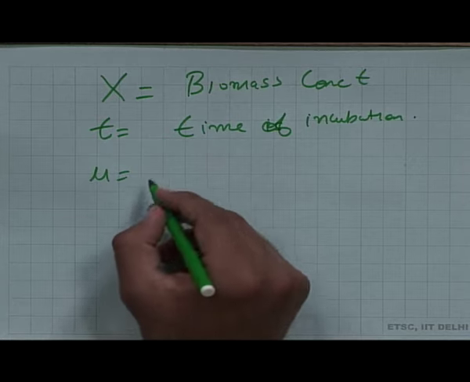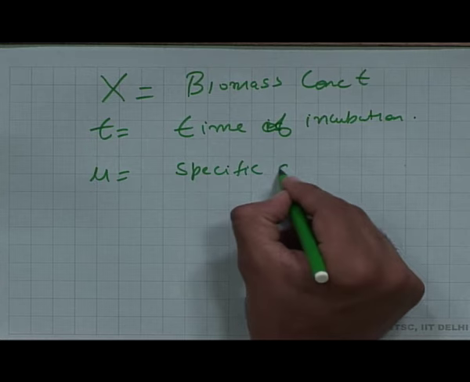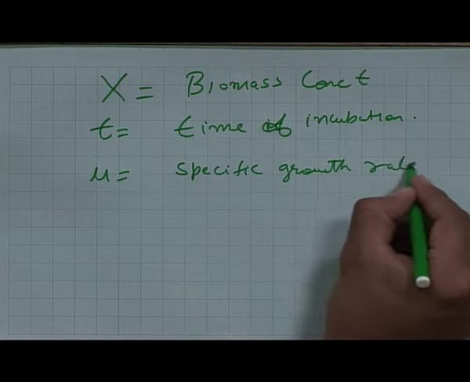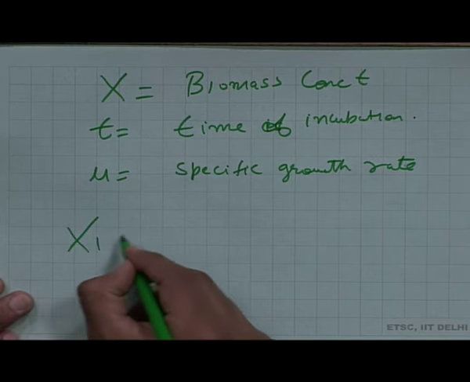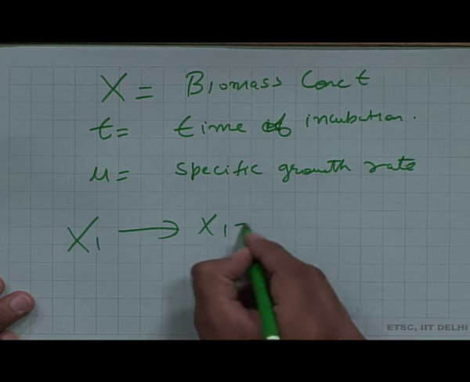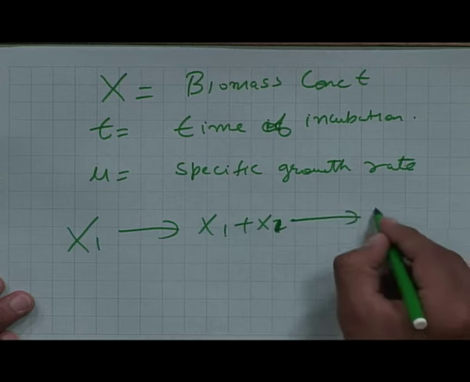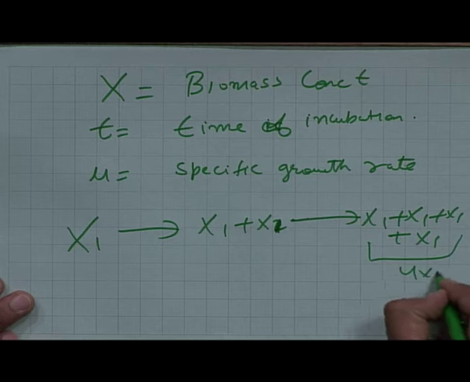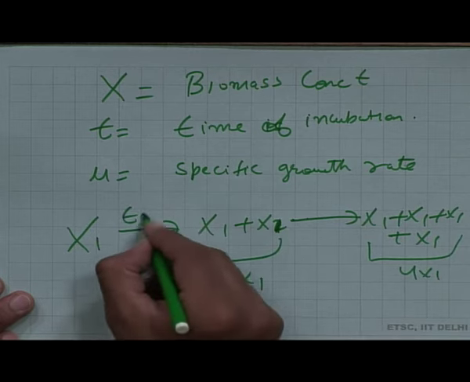Mu is our specific growth rate. How has this come into the picture? Let me explain this. Again we take that example: x1 becomes x1 plus x1, and then again x1 plus x1 plus x1 plus x1. So, 2 x1, 4 x1, and this is your doubling time.